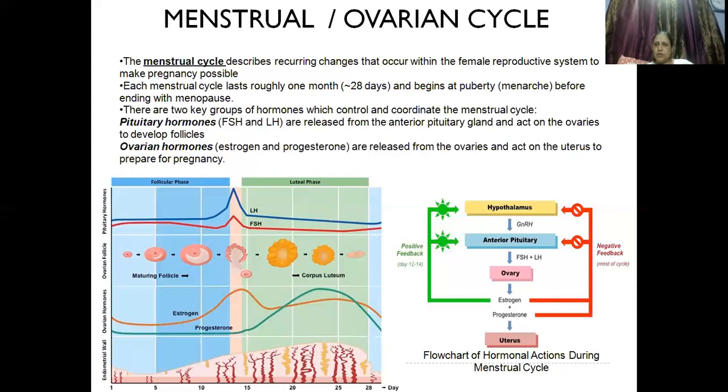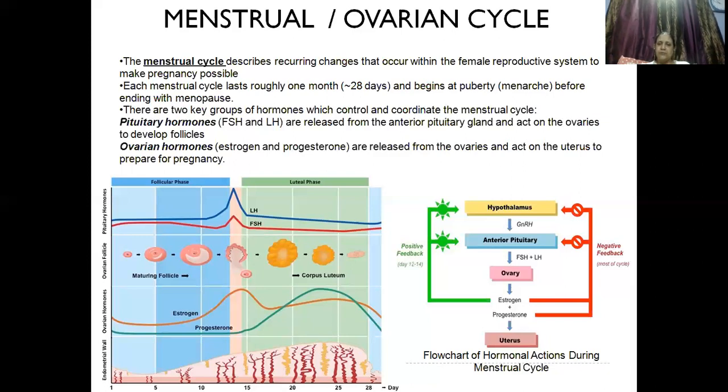So in the flow chart showing the hormonal action during the menstrual cycle, here you could see there is a positive and a negative feedback. According to the setting of the menstrual cycle and the pregnancy, there is a feedback to the pituitary gland and the hypothalamus, so that if the pregnancy sets in, this set of hormones is released, and if the pregnancy does not set in, this set of hormones is released.